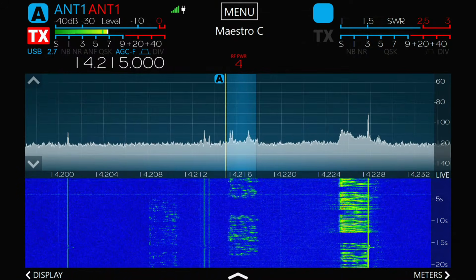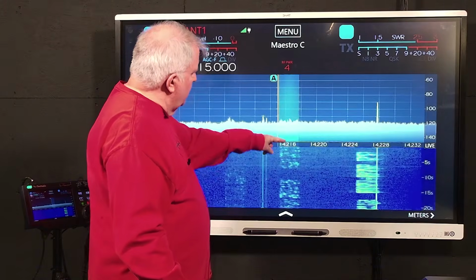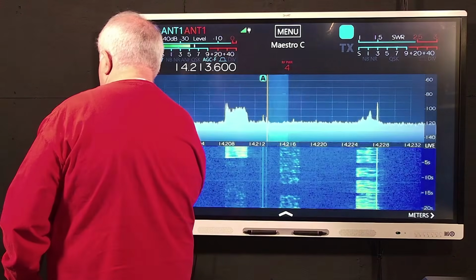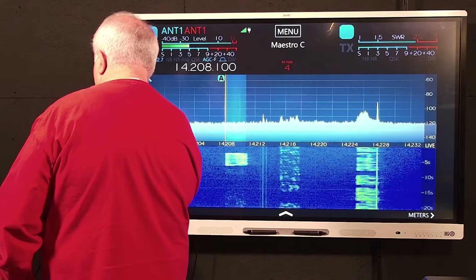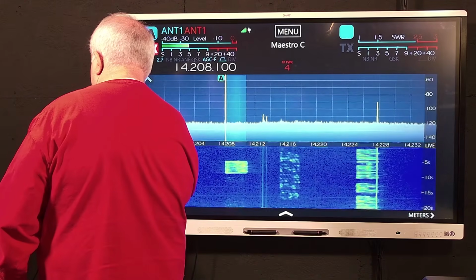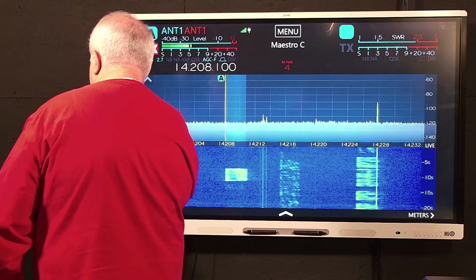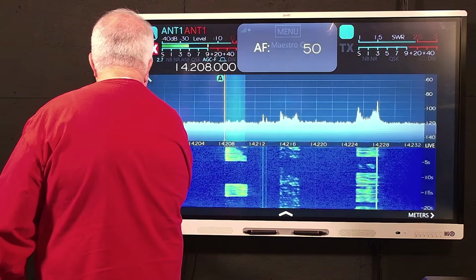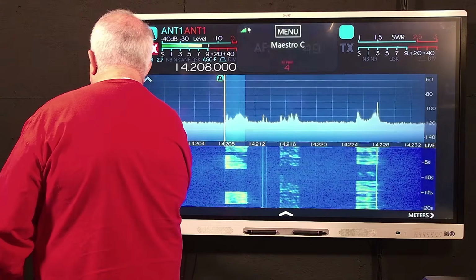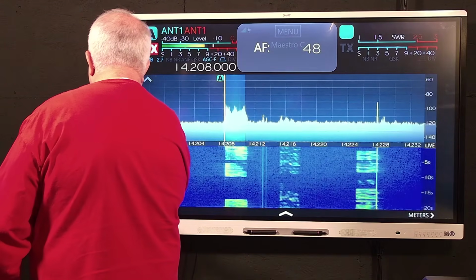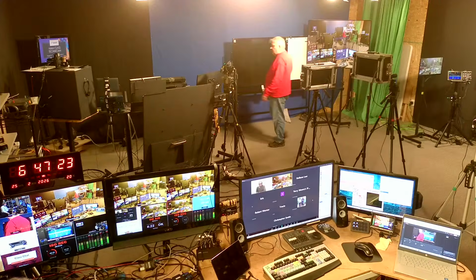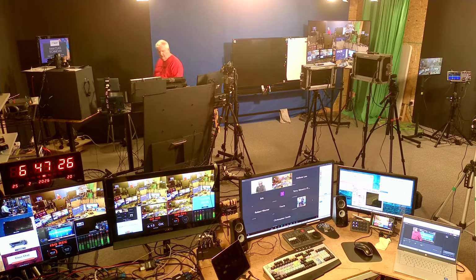But anyway, here is an upper sideband signal on 20 meters, 14 megahertz. Oh, here's another stronger one coming up over here. Oh, and he went away. So anyway, I just wanted you to see some signals on some of the bands, and we'll be playing around later in the class and maybe try to make some contacts as well.